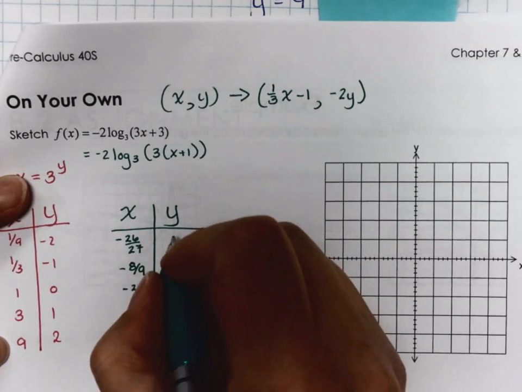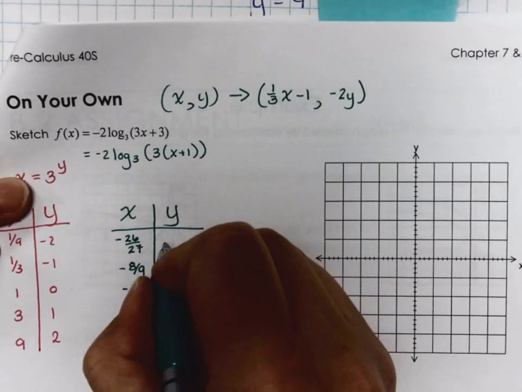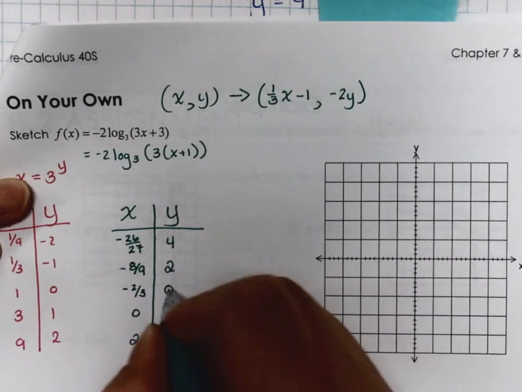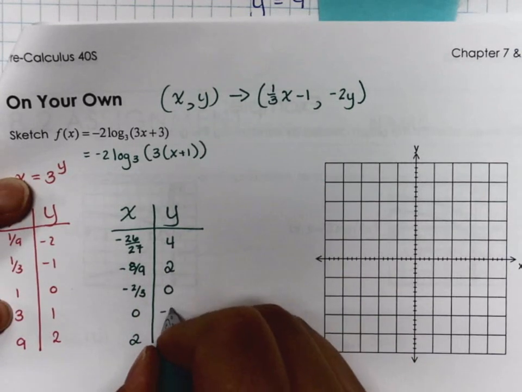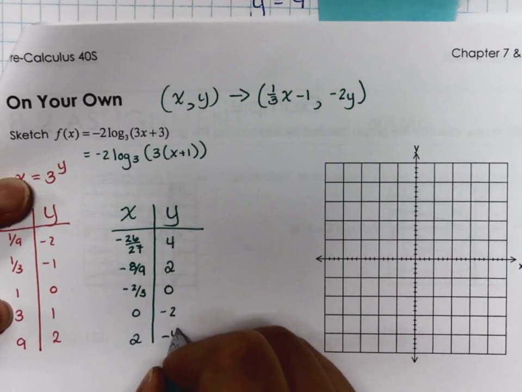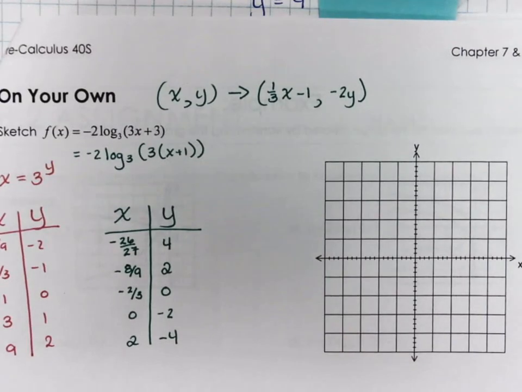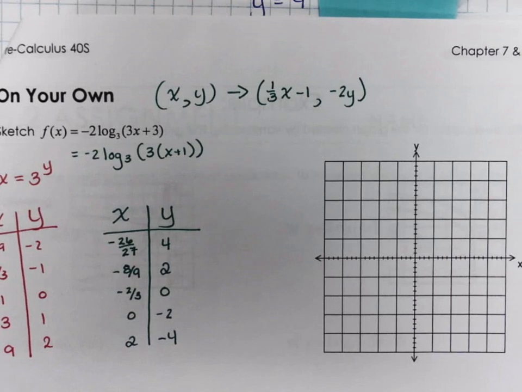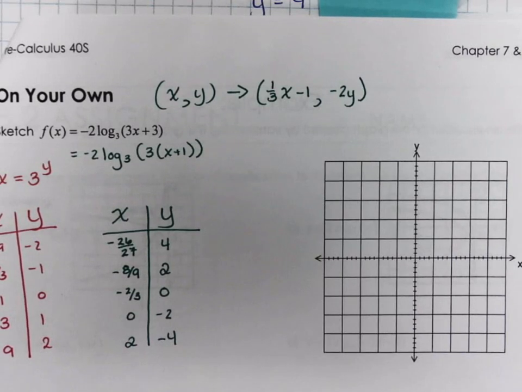Those are some ugly fractions. Where did your asymptote move to? What kind of one? Negative 1, right?